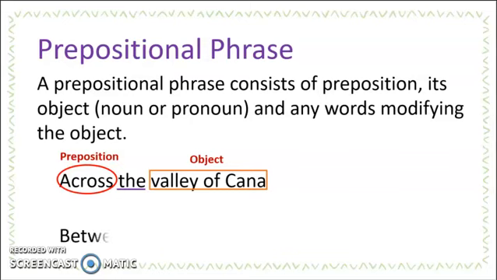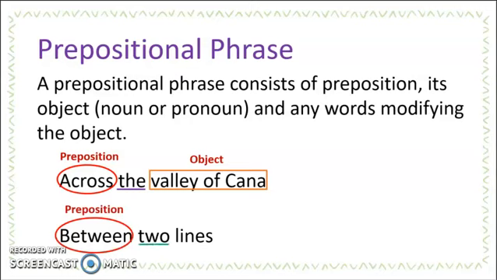Another example, between two lines. Again, it started with a preposition followed by a modifier and an object. Therefore, this is an example of a prepositional phrase.